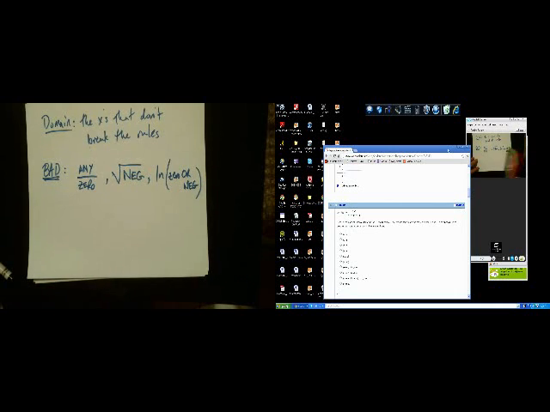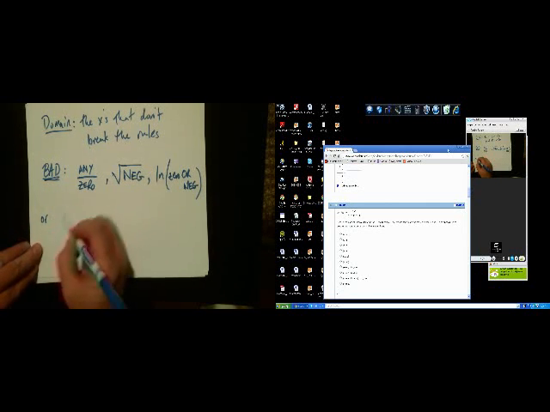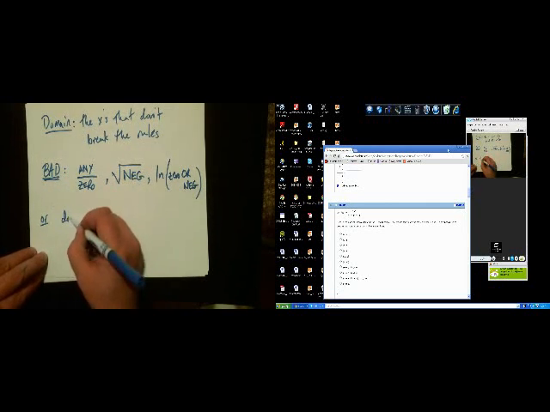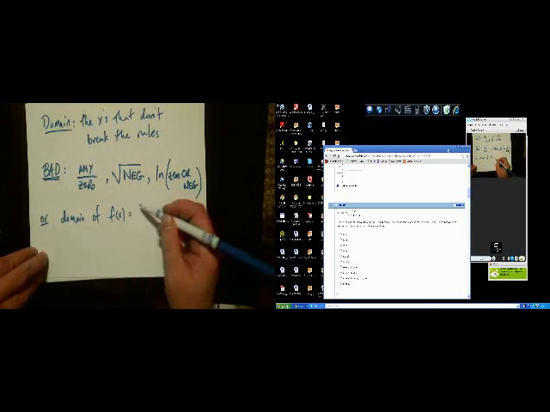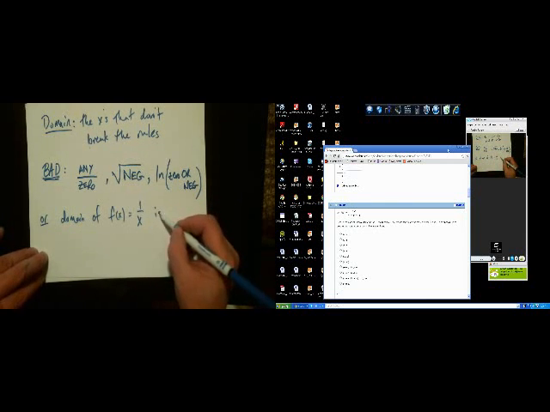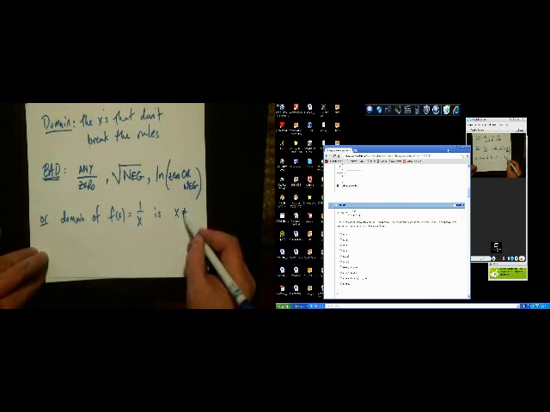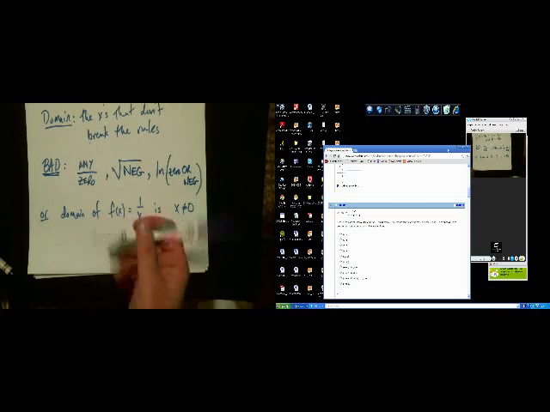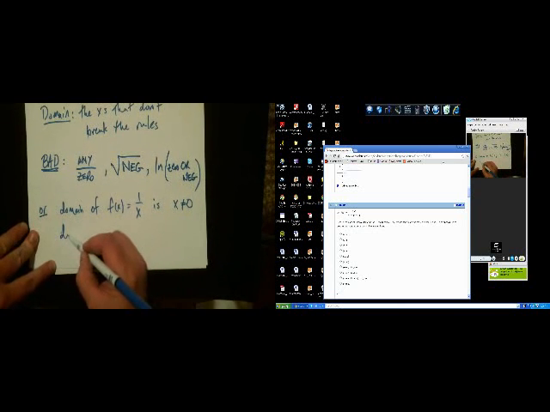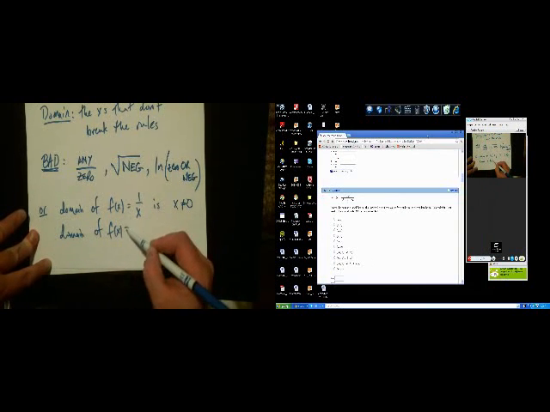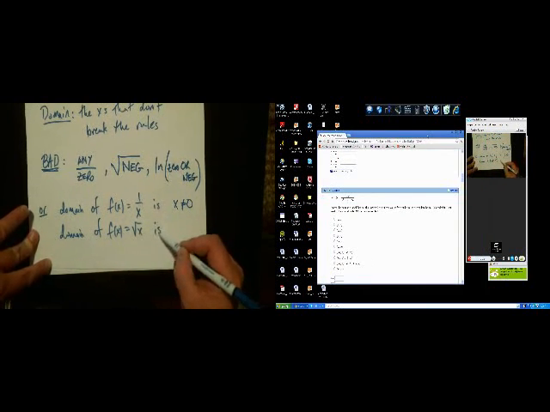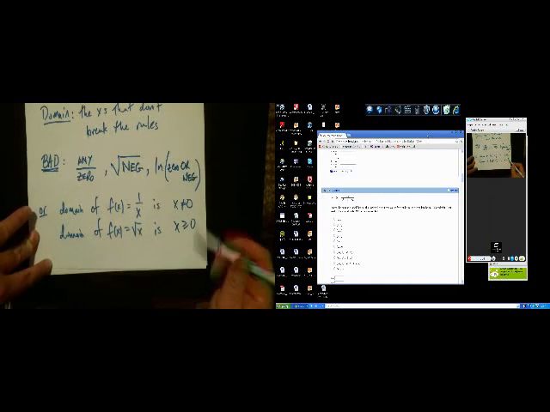Another way to phrase all this: I could say that the domain of f of x equals 1 over x is x not equal to 0. The domain of f of x equals square root of x is x greater than or equal to 0.